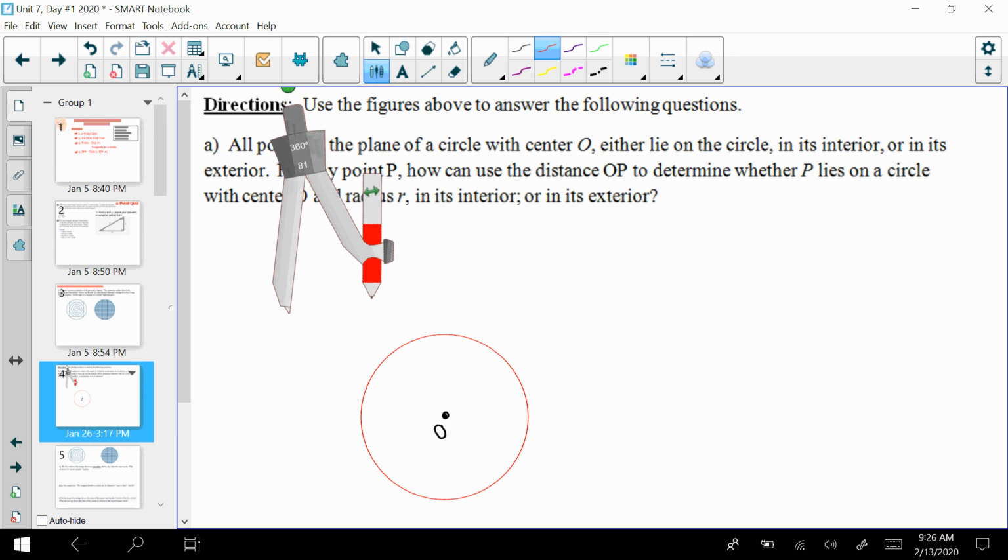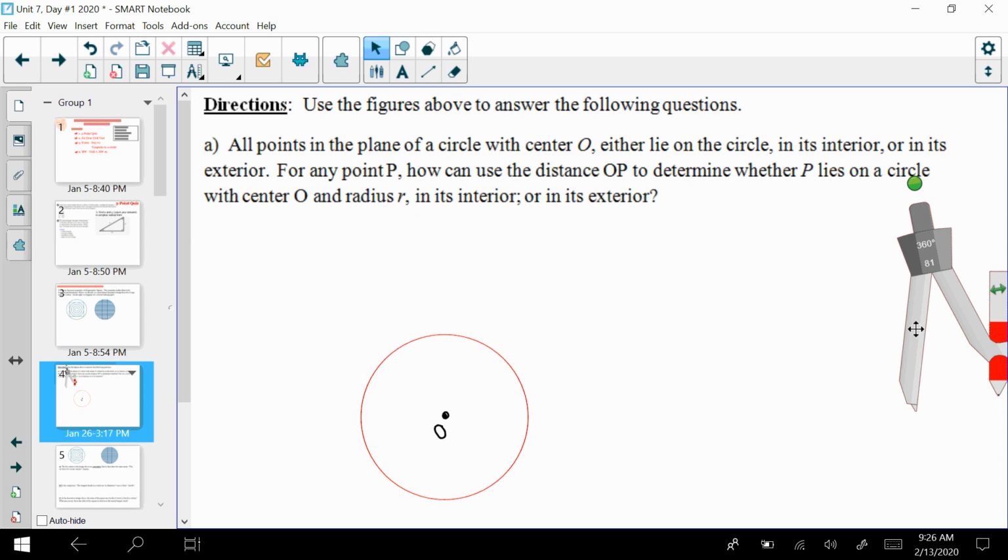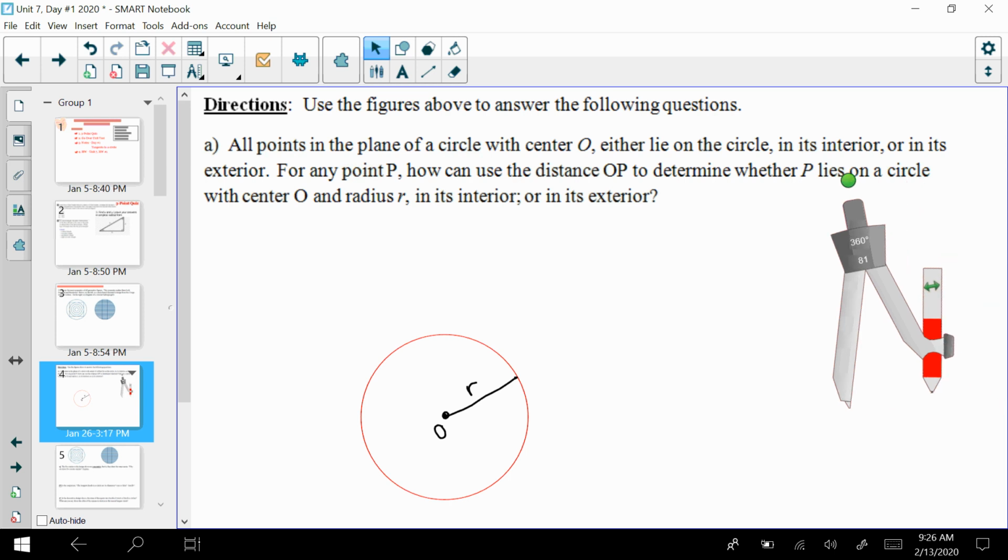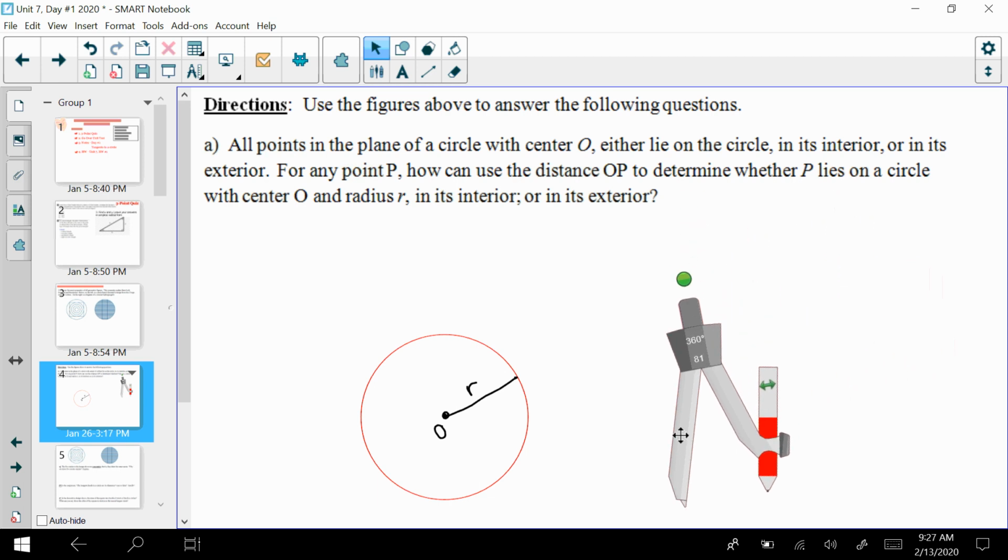You should know from previous years in math, I know you haven't done circles in a couple years, but the radius is this distance from the center of the circle to some point on the circle. Any point that we pick, P, has to be either inside the circle, outside the circle, or on the circle. So for any point P, how can we use that distance to determine if it's in, outside, or on the circle?